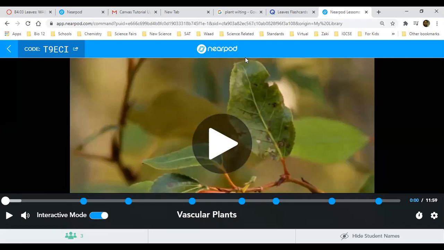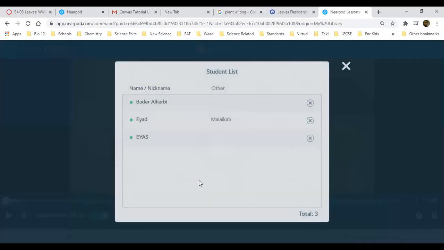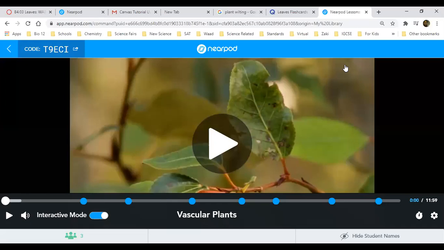We have 3 boys already logged in. Excellent job. We've got Badr, Iyad, yes. They have logged in. So this is the code T9ECI on the website nearpod.com.